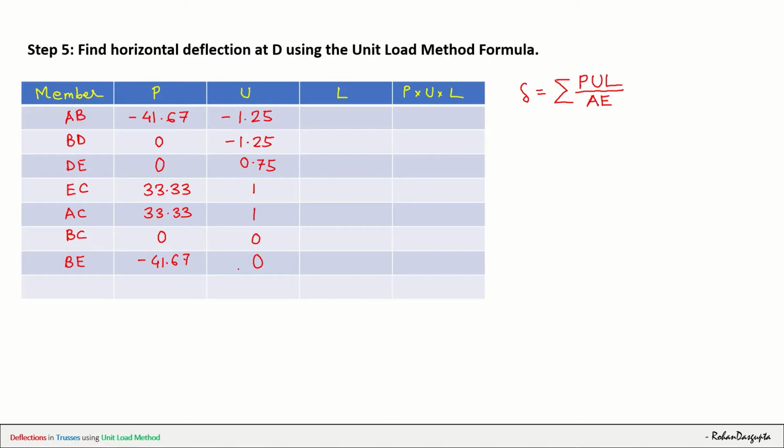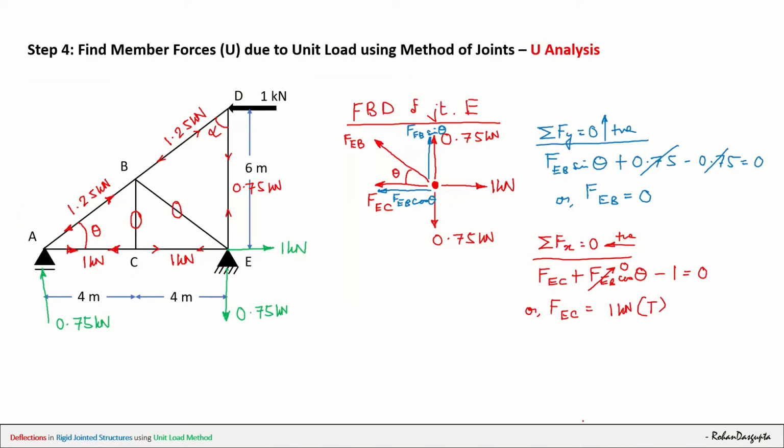All right. So now the length of each member. This member AB, how much will this length be? Now, by Pythagoras theorem, see, this entire thing is 6 meters. Let me go to laser mode.